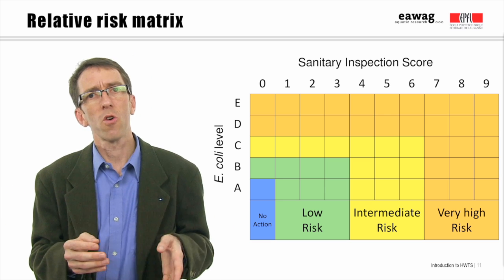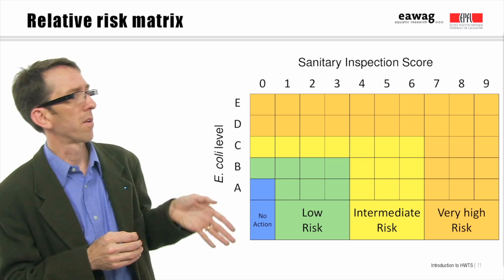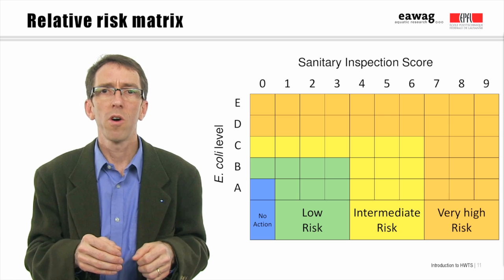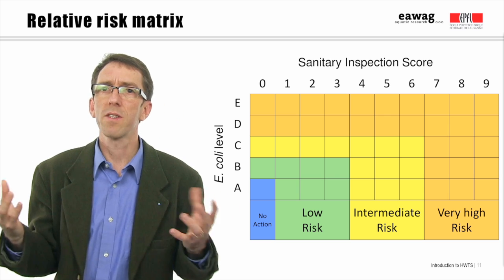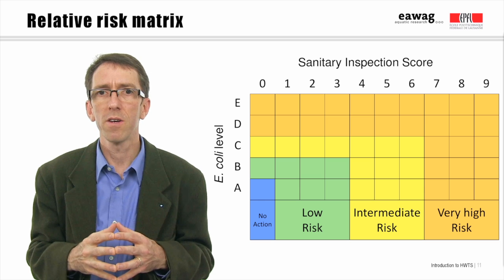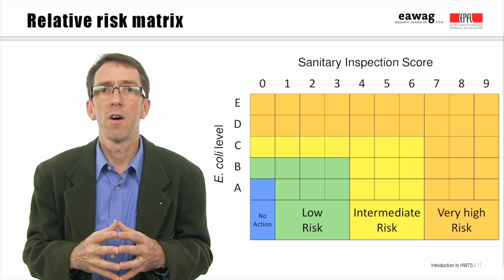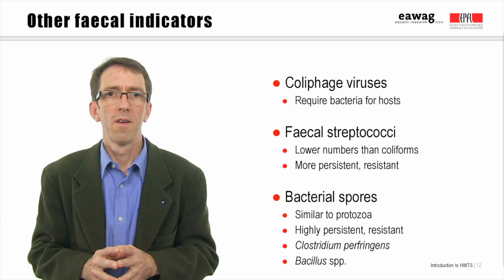Then by combining a water quality measure on the vertical axis and a water management measure on the horizontal axis, we could make a risk matrix and prioritize areas, water sources for interventions.